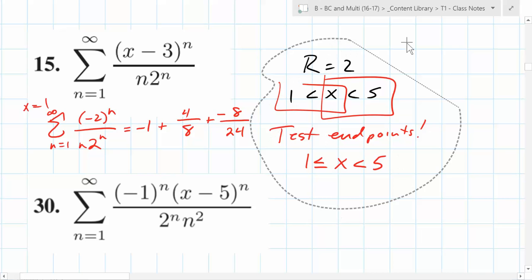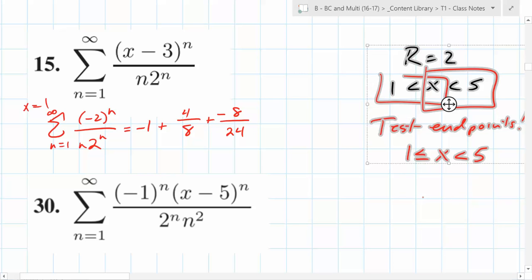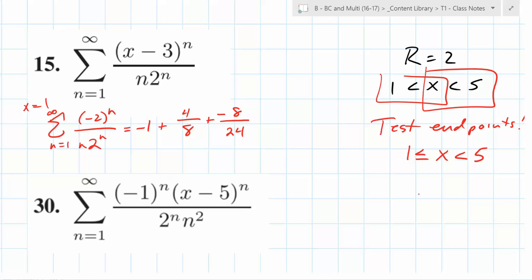Wait, can you just factor negative 2 to the n and then 2 to the n, 2 becoming negative 1? Yeah, you can absolutely simplify it first. Does everybody see what Nam said right there? You could simplify to negative 1 to the n, 2 to the n, all over n times 2 to the n. So you have negative 1 to the n over n.